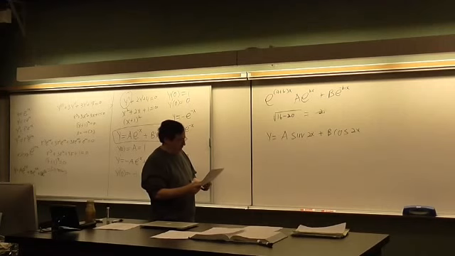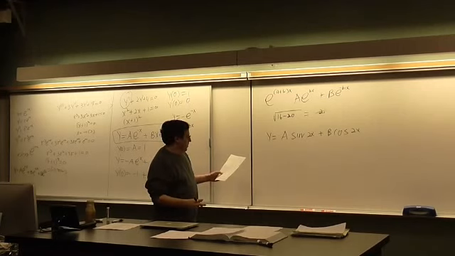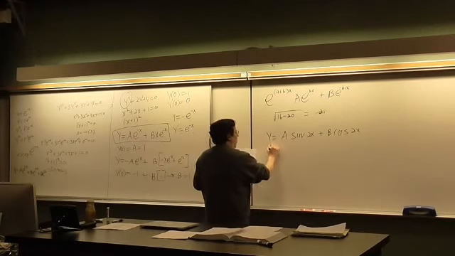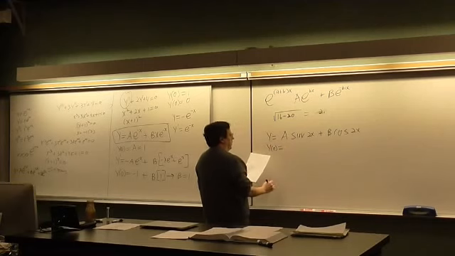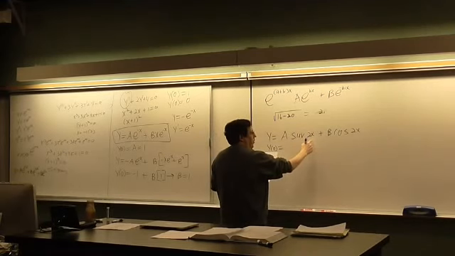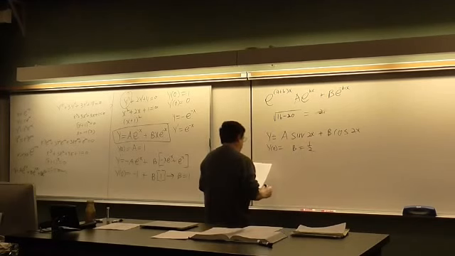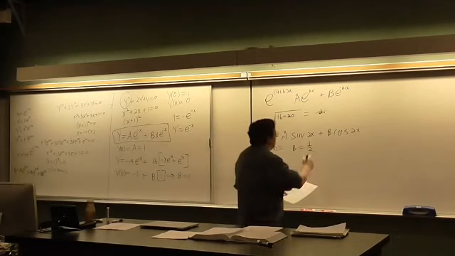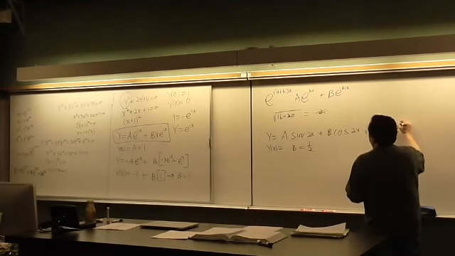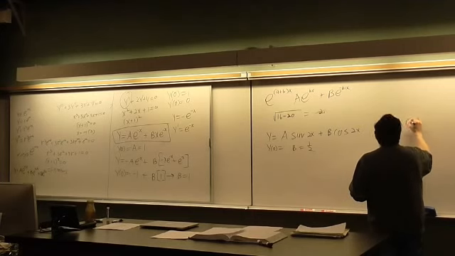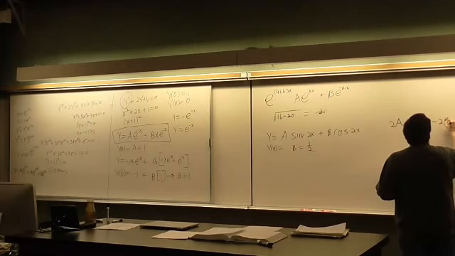I think that's right. So let's just try that here. If y sub 0, well, the sine goes to 0, so we just have b. That's equal to 1/2. And then we need the derivative of this, which is 2a cosine 2x minus 2b sine 2x.